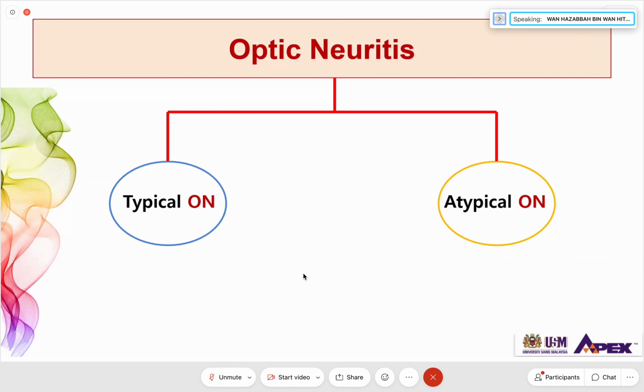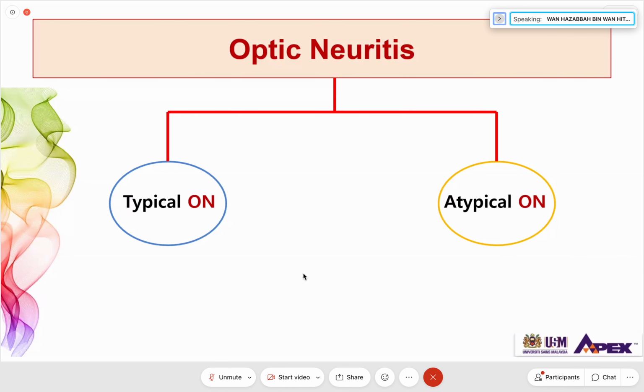This is a common classification that I think almost everyone here knows about. Retrobulbar optic neuritis, papillitis, where you can see the swollen disc, then neuroretinitis, which may present with a macular star.